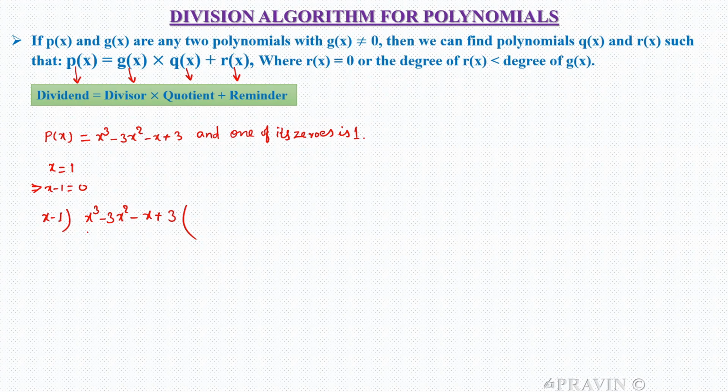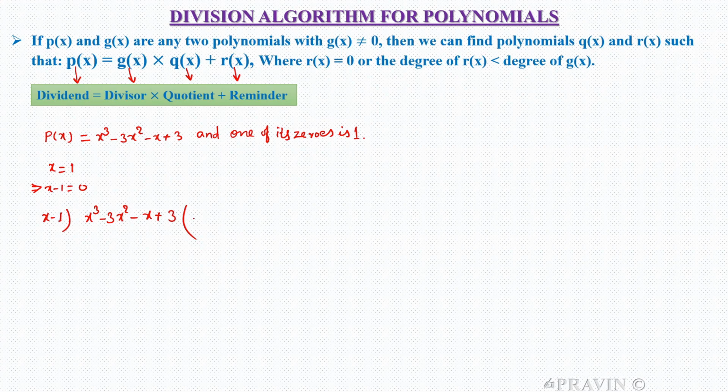When you are going to divide a polynomial by another polynomial, always try to eliminate the term having the highest degree. So here x to the power 3 is the highest degree, and this is the term which you need to eliminate first.